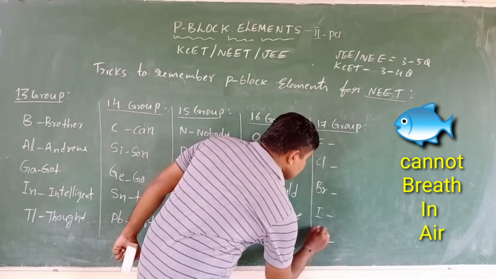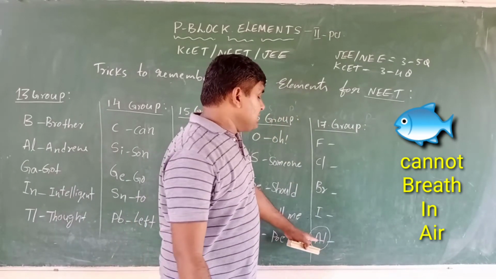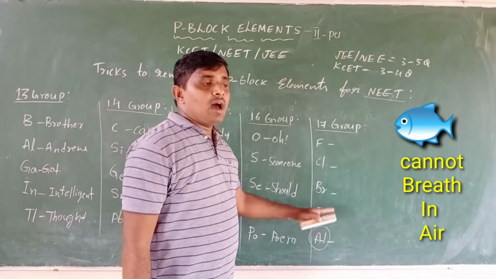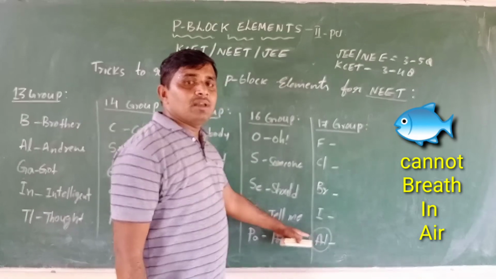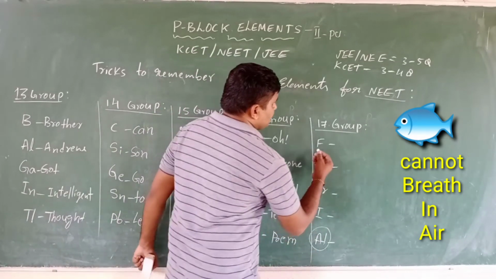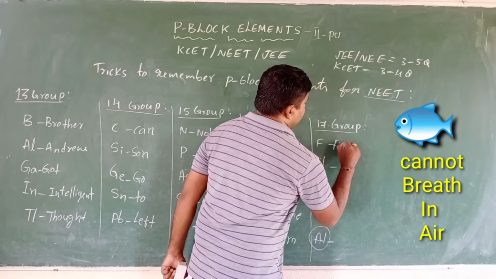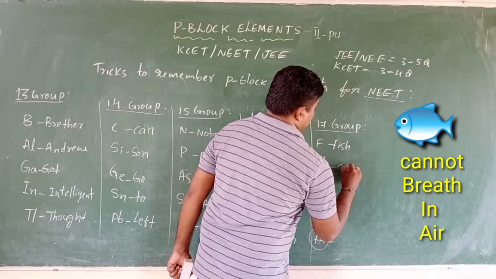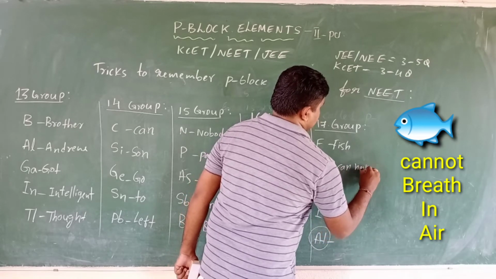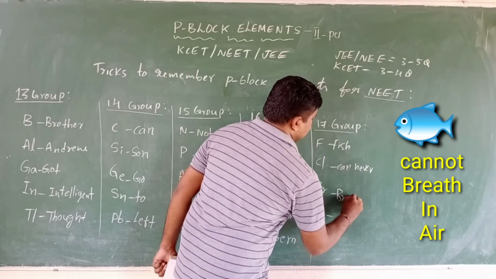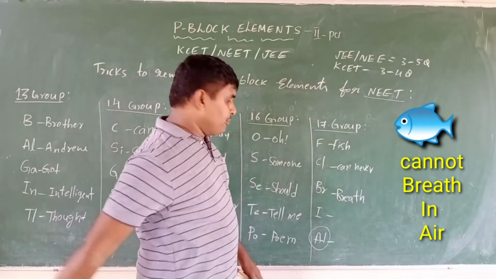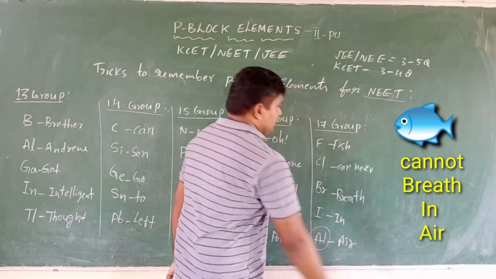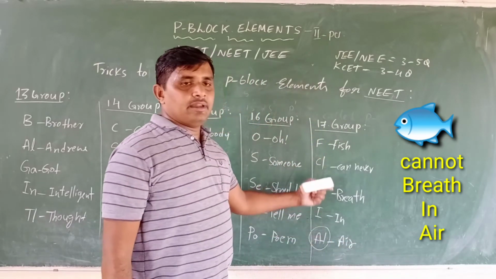Astatine is excluded, because it is a highly radioactive element that does not behave as a typical halogen and is not applicable in daily life. It can be remembered by: Fish can never breathe in air.